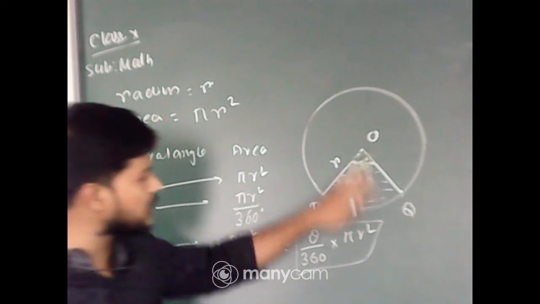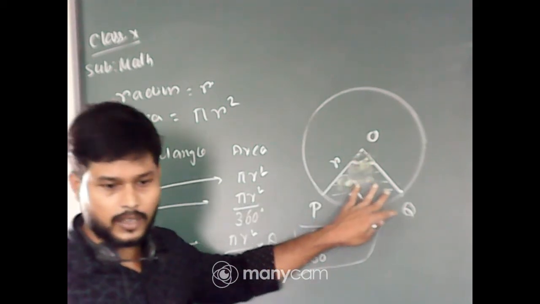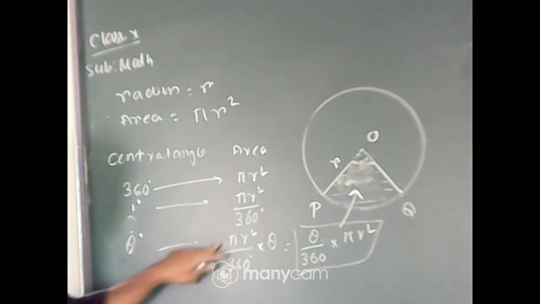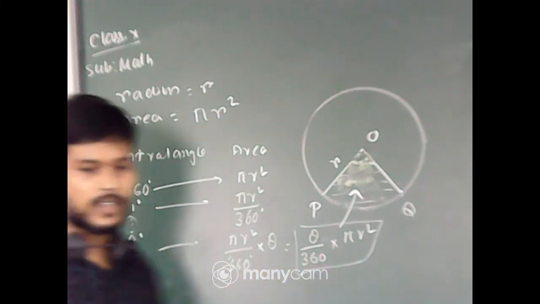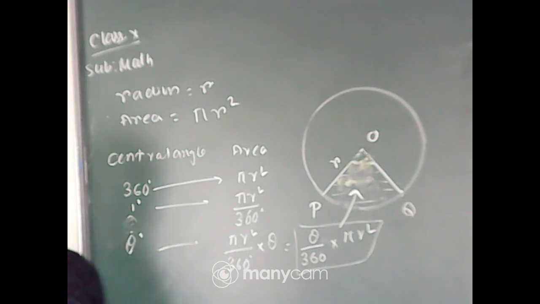If the central angle is theta degree, it will cover pi r square by 360 degree into theta. So this is the area of this sector. Okay, write it. Now we'll discuss another formula.